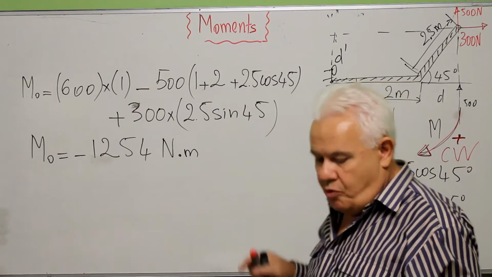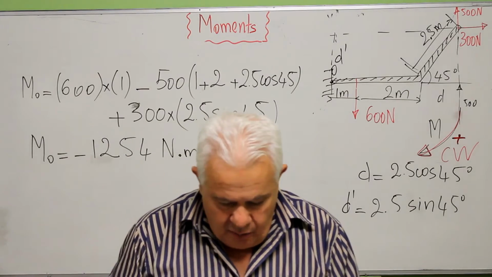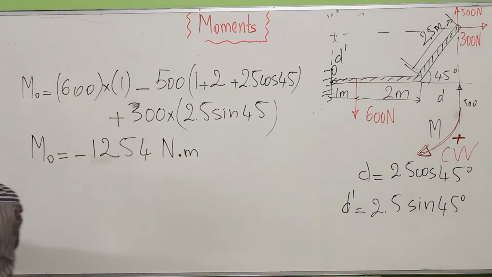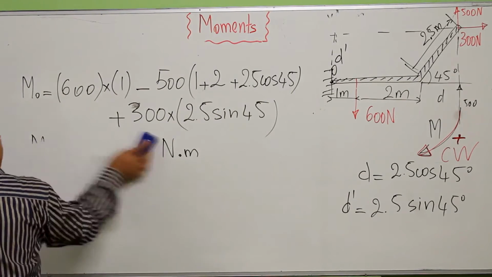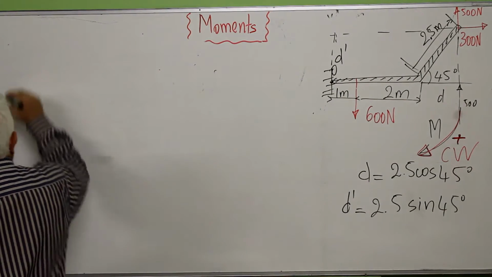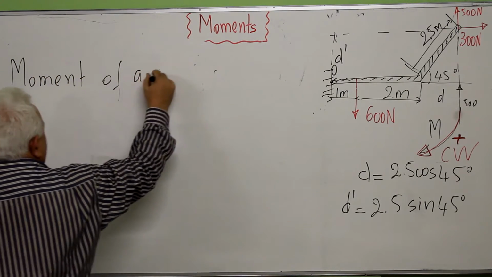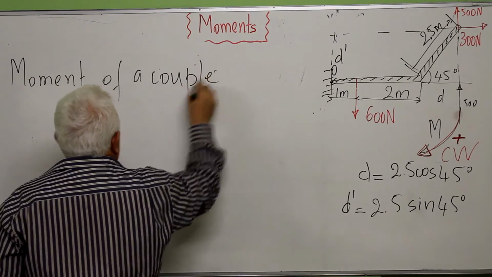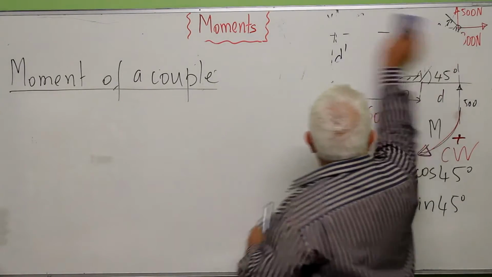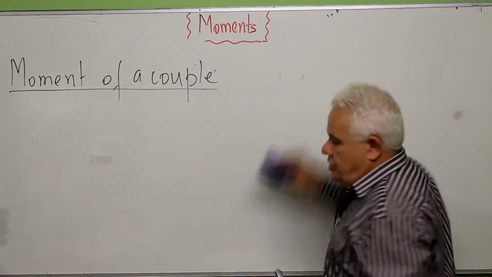So we have seen here how to calculate the moment of three forces about an axis and how to find the resultant moment. In the last part of this video, I will talk about the moment of a couple. A couple is a system of two forces acting in opposite direction.